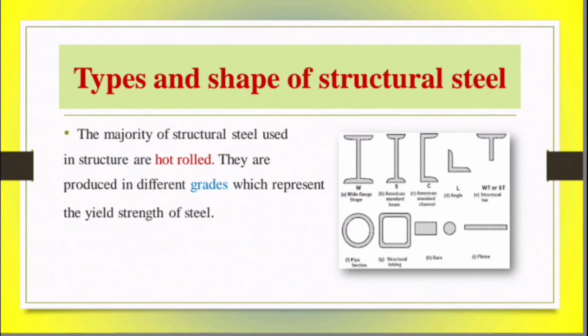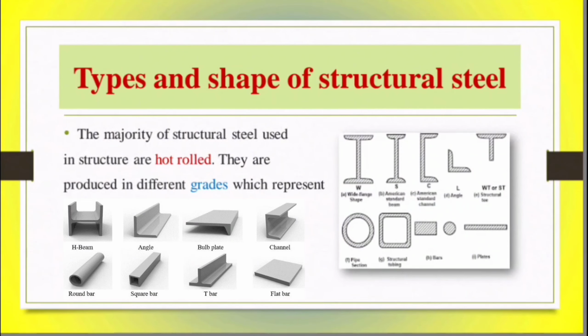The shape of steel is formed by 2 techniques. Number 1 is the hot roll technique, and number 2 is the cold roll technique. In hot rolling, we achieve the required shape sections when the steel is heated, in molten form.